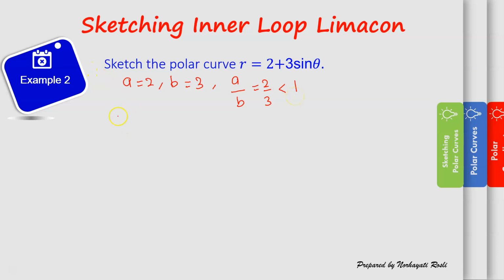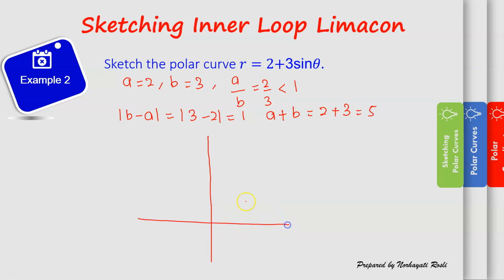So in this case, you have to find the absolute value of B minus A, which is 3 minus 2 equal to 1. And then we compute A plus B, which is 2 plus 3 equal to 5. When we plot this one, on your x-axis you will have a point of negative A, so negative 2, here 2, and here 1, and then at this point is 5.